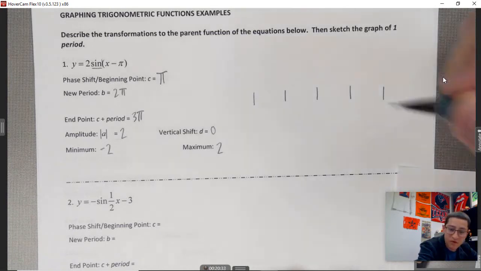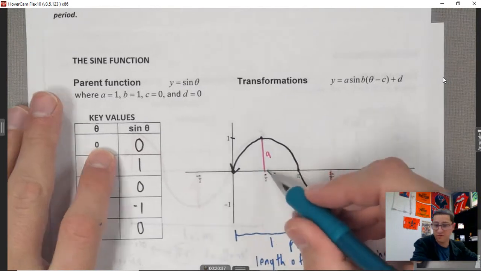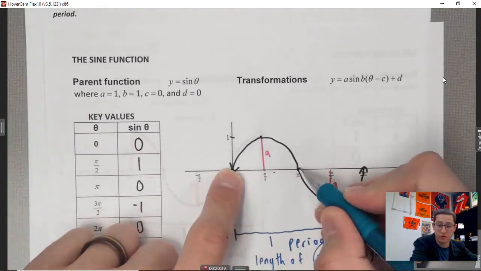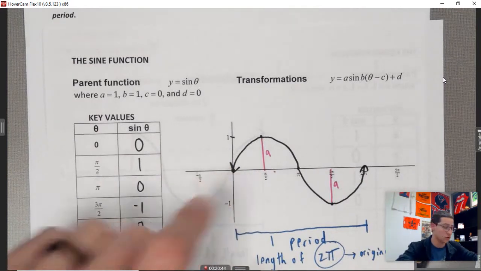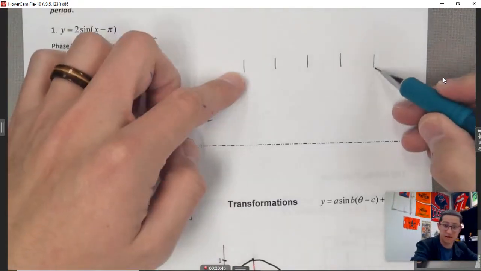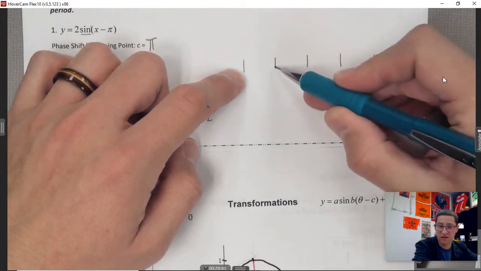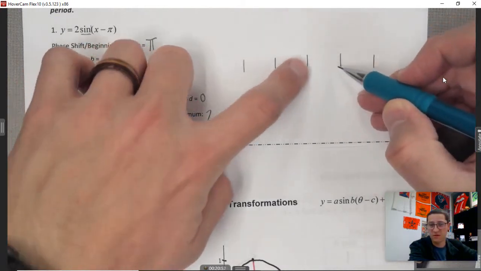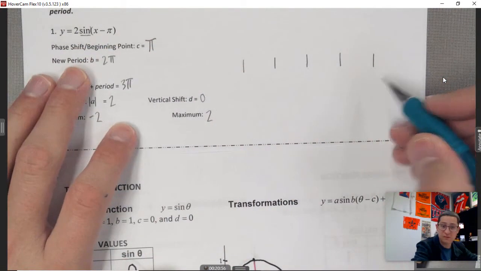Look at my graph: each of these cycles has 5 different points, 1, 2, 3, 4, 5, and then it just starts repeating over and over. So this represents the end, this is the beginning, this is the middle, and these are like the middle of the middle. So 5 evenly spread out points.